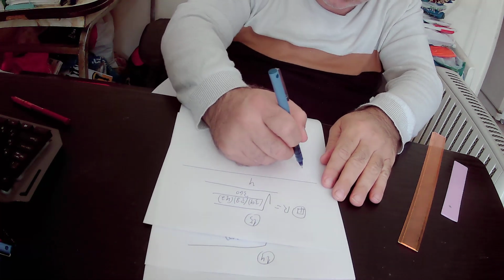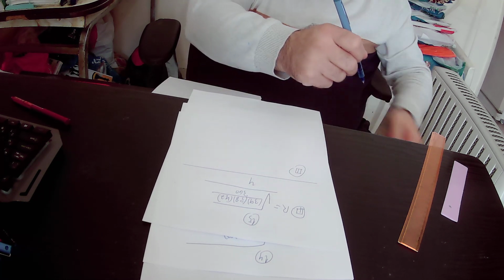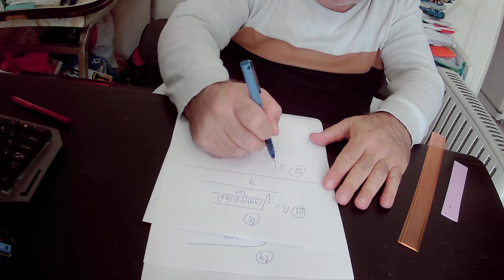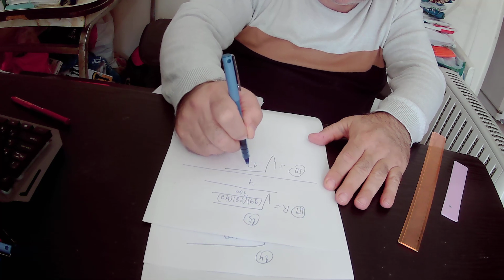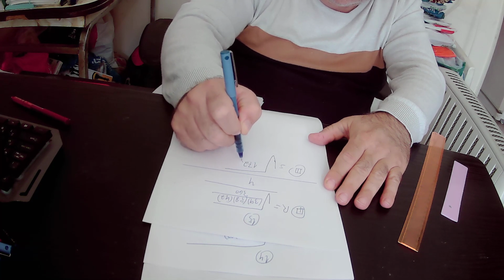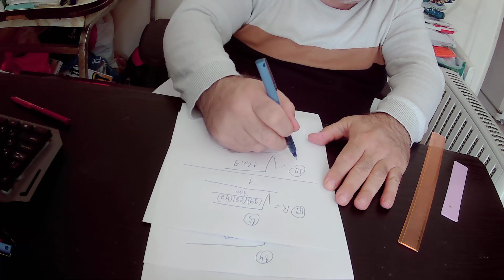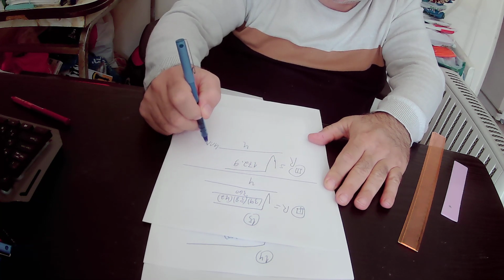So we found out that the radius of the circle that we are looking for equals the root of 172.9 over 4 units.